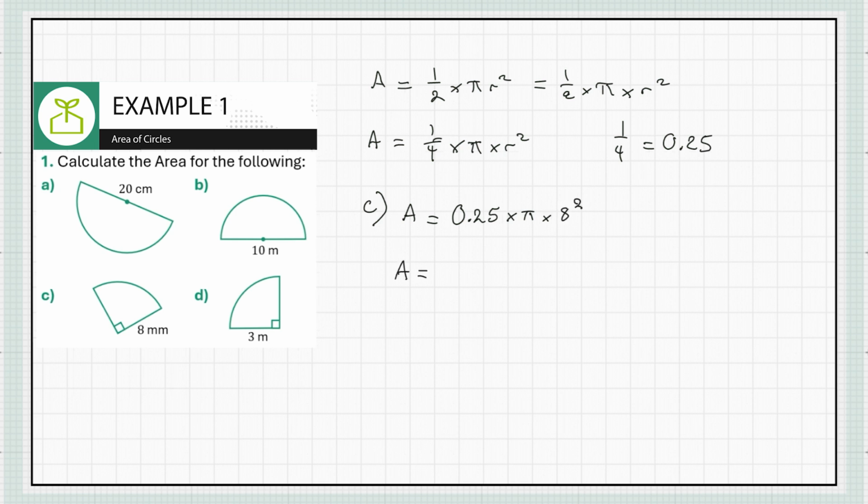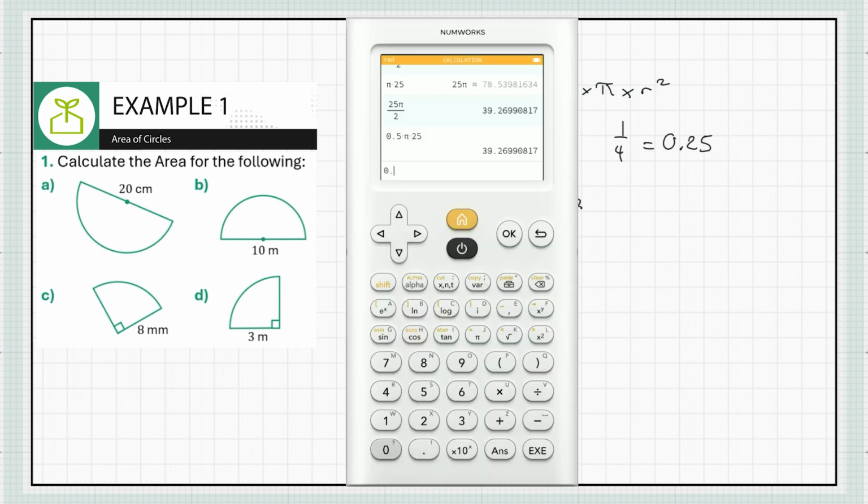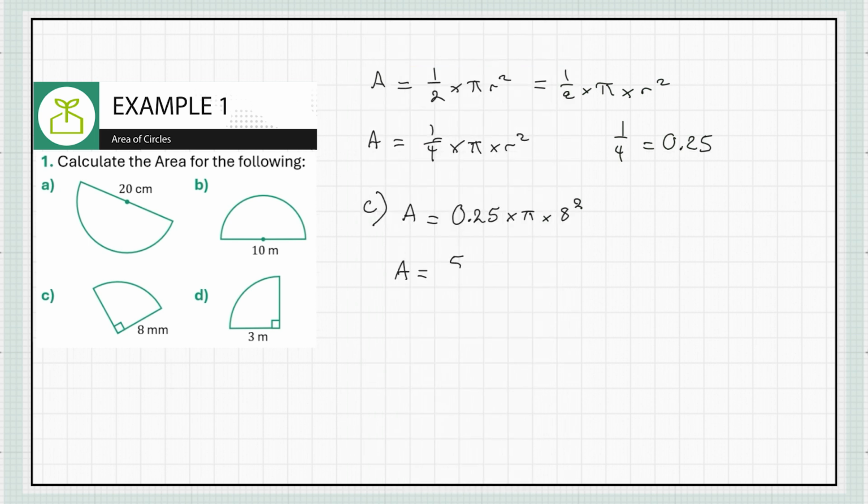So we can put that into our calculator. 0.25 multiplied by pi multiplied by 8 squared, hit execute, and the result is going to be 50.3, and our units here were millimeters, so this is going to be millimeters squared.